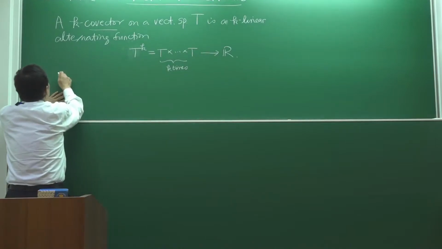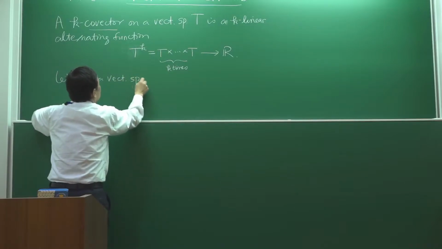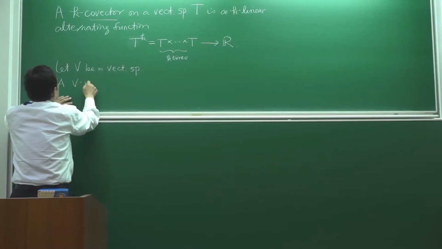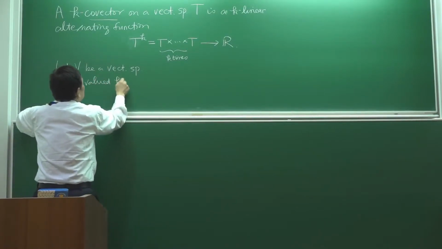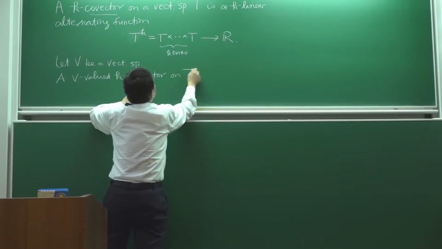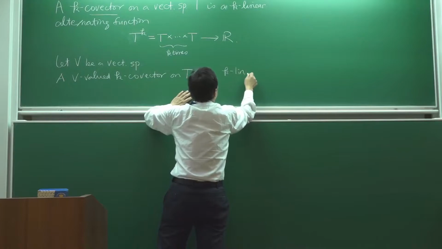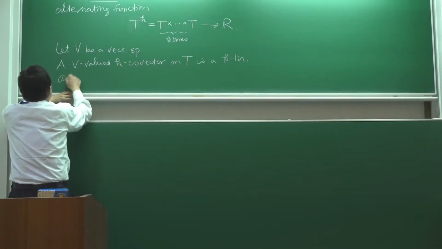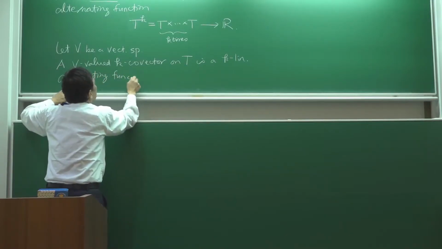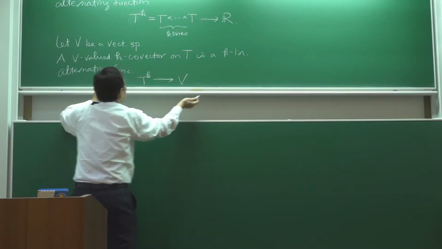Let V be a vector space, then a V valued k covector on T is a k linear alternating function from T^k to V.